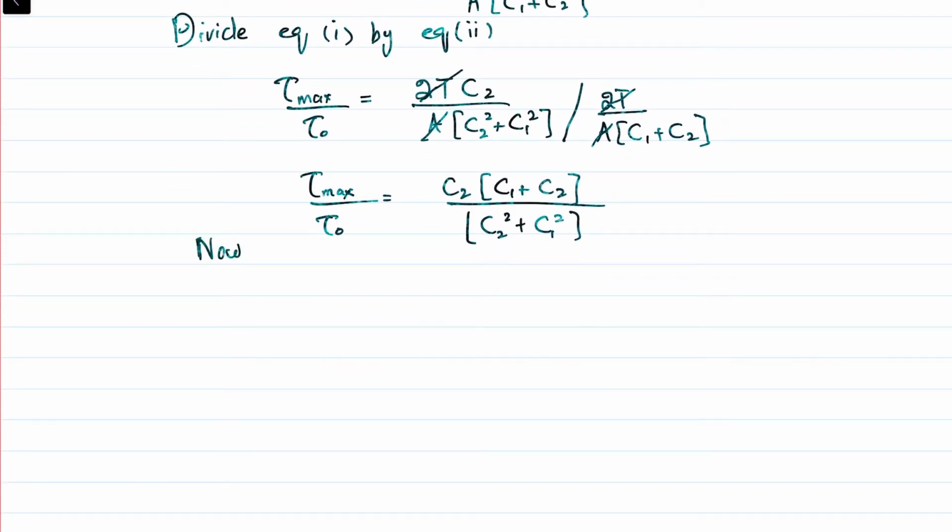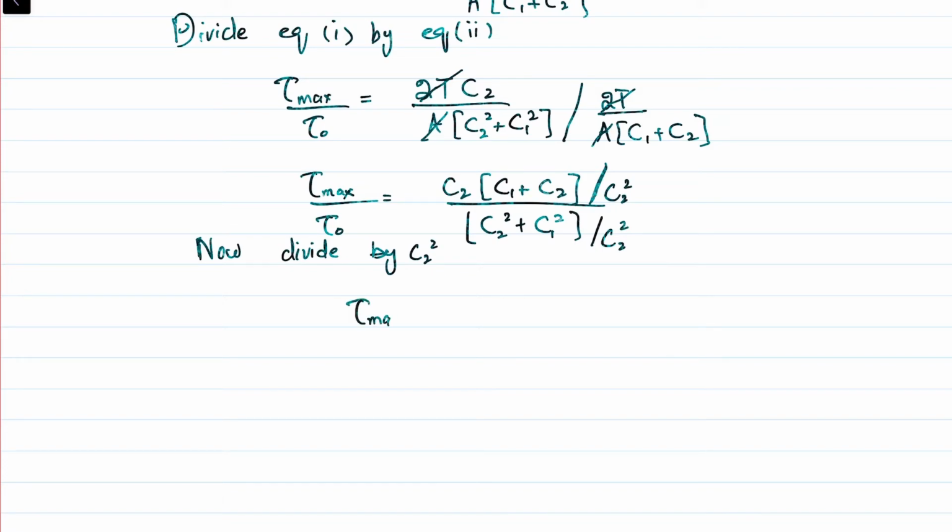Okay, now you have to divide numerator and denominator by C2 square. Clear? So what you have to do, you have to divide this by C2 square and this also by C2 square, so it will have no effect.